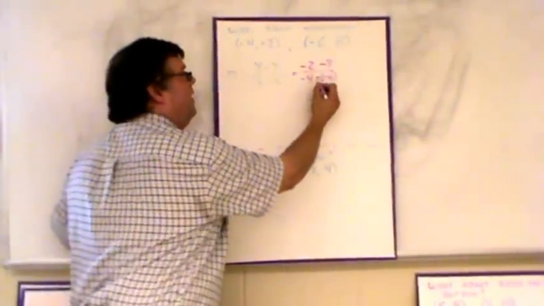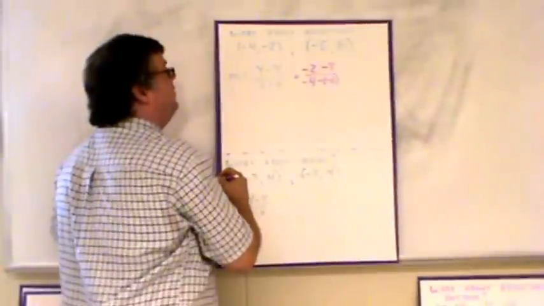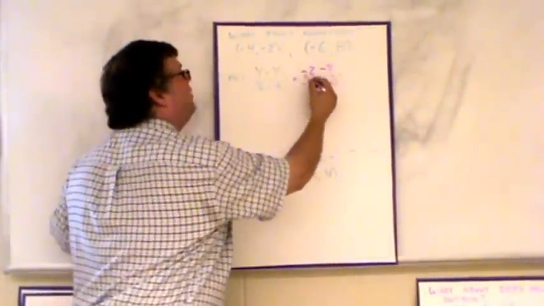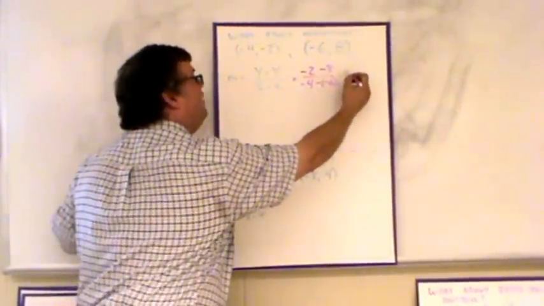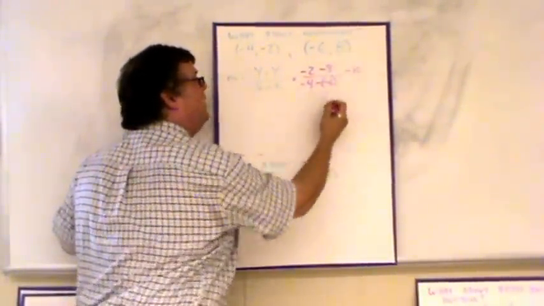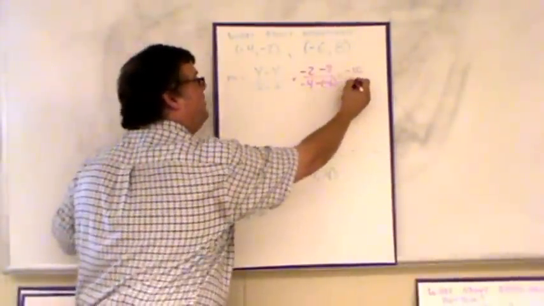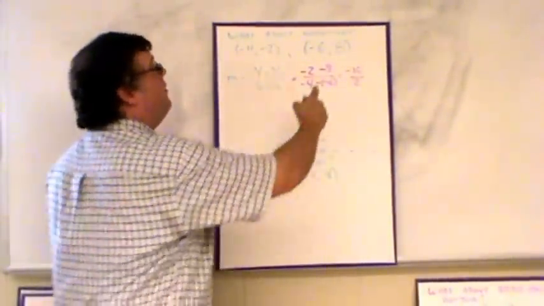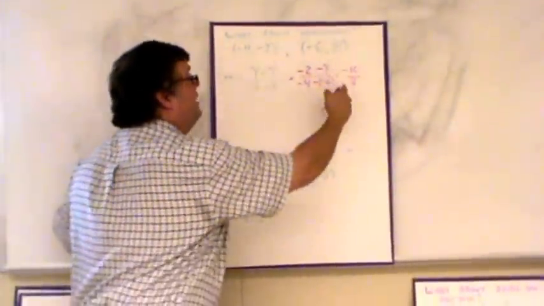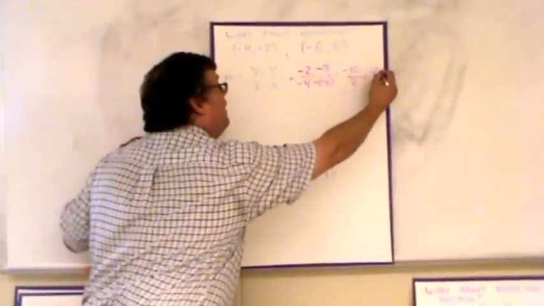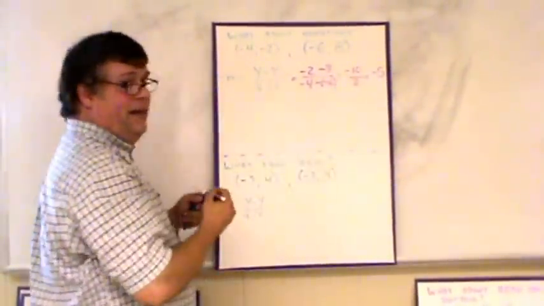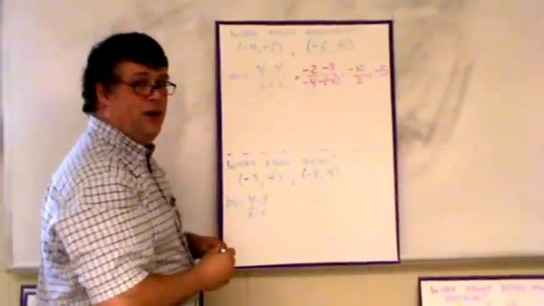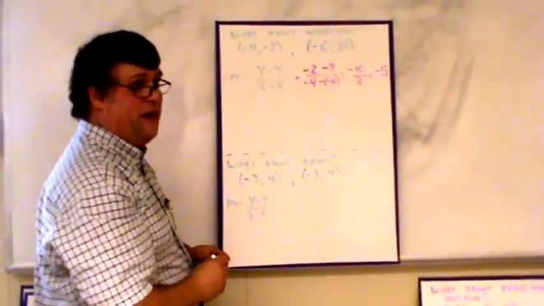And minus a minus becomes a plus. So this becomes negative 2 minus 8 is going to be negative 10. Negative 4 plus 6 is going to give me 2. This can be reduced. 10 divided by 2 is going to give me 5, and it is still negative. So the slope in this case is negative 5.